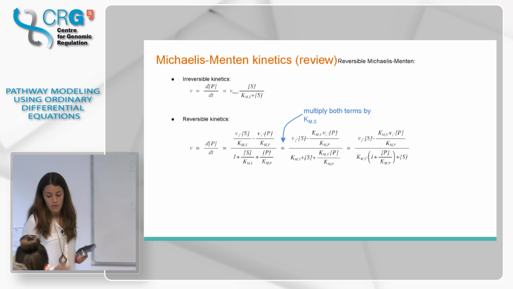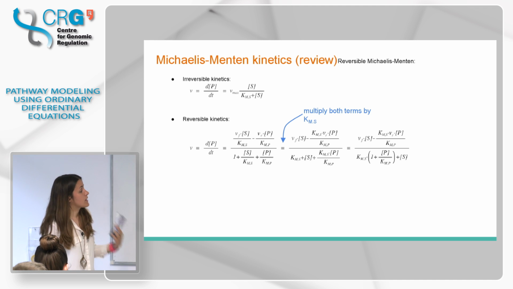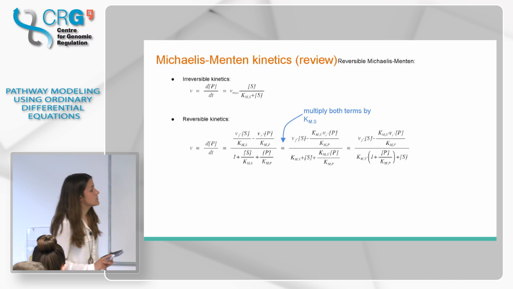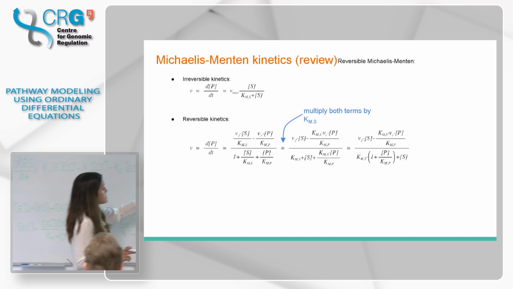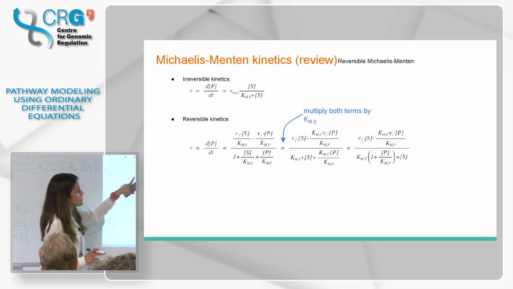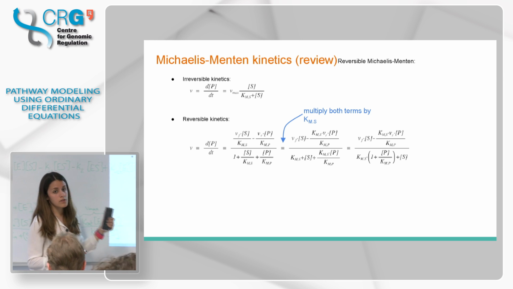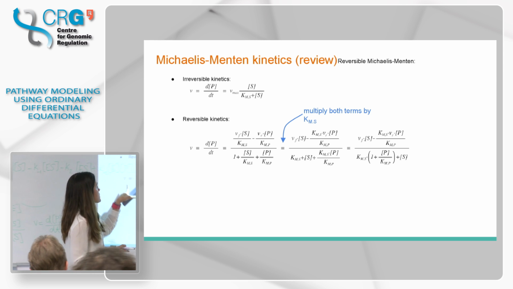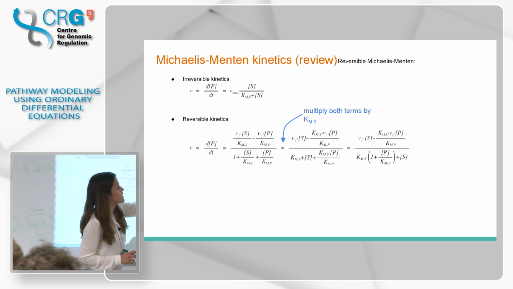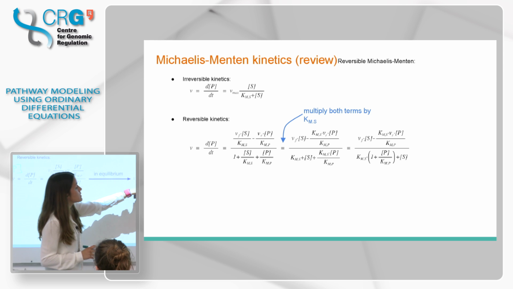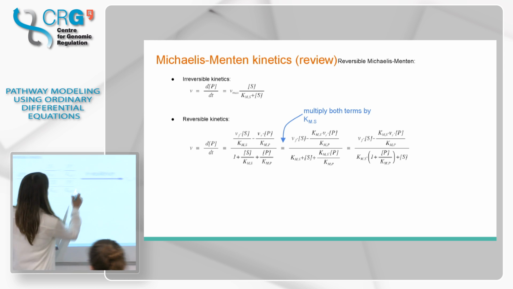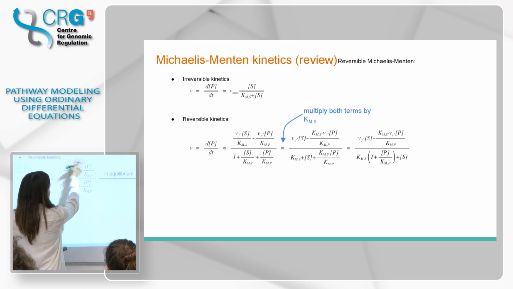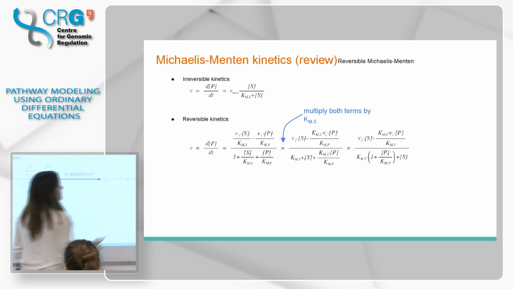So what we can do now is, assuming that we are in equilibrium, the rate of the forward reaction and the rate of the reverse reaction are the same. So we can make this equal to 0. Once we make this equal to 0, we get rid of this part. So all of this is equal to 0.